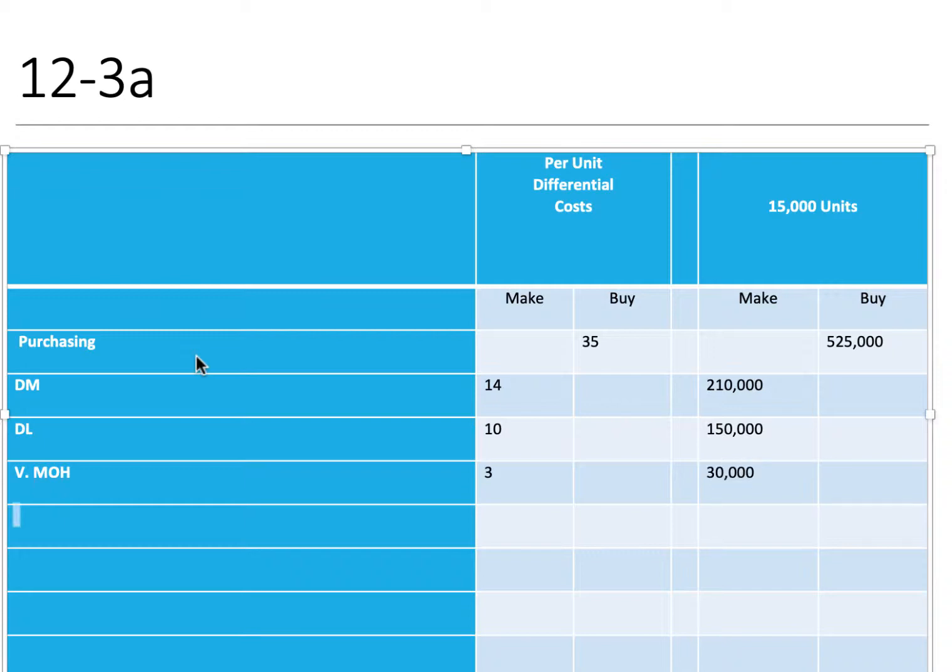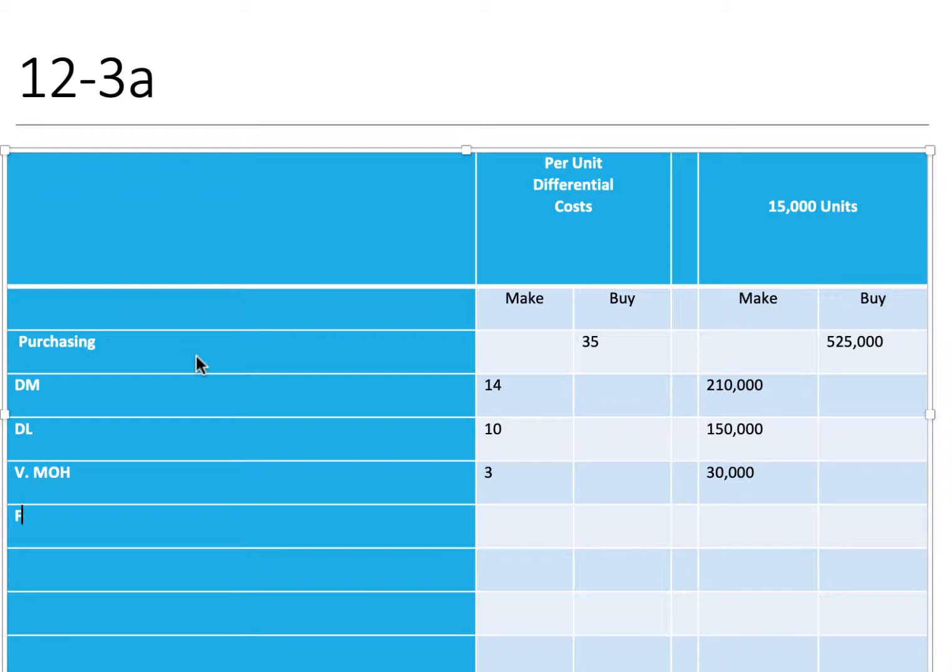The next thing we have is the fixed manufacturing overhead, which is traceable. They tell us in the problem that it is $6. However, 1/3 of that $6 is supervisor salary, and 2/3 of that fixed cost is depreciation on special equipment with no resale value.